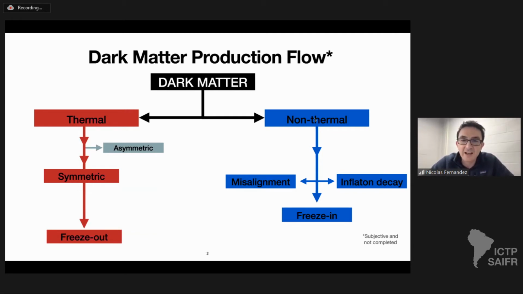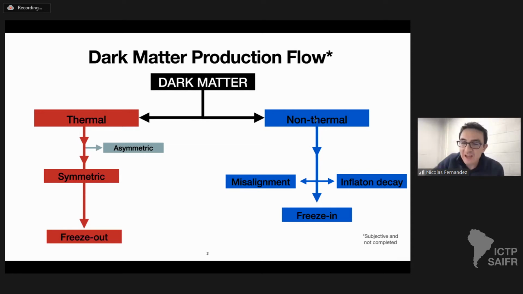This is not an exhaustive list, but these are some of the more famous production mechanisms that theoretical physicists use to produce dark matter. So in the non-thermal camp, we have the usual misalignment mechanism or inflaton decays.